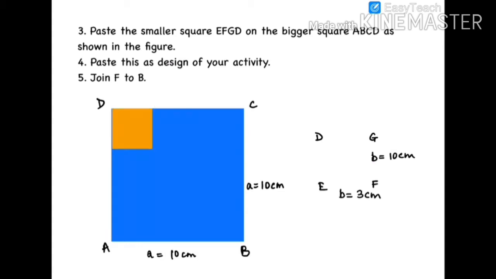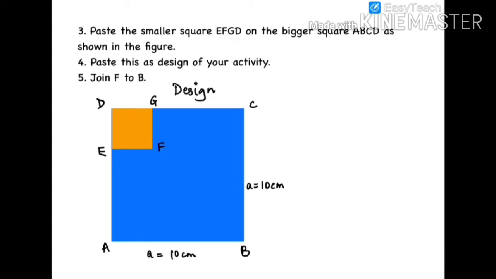Now you will paste what you have obtained after step 3 in your journal on the left side, that is the plain side, and give the heading as design. After you have pasted this design, you will finish naming the vertices of the smaller square. So this point is E, this is F, and this is G.